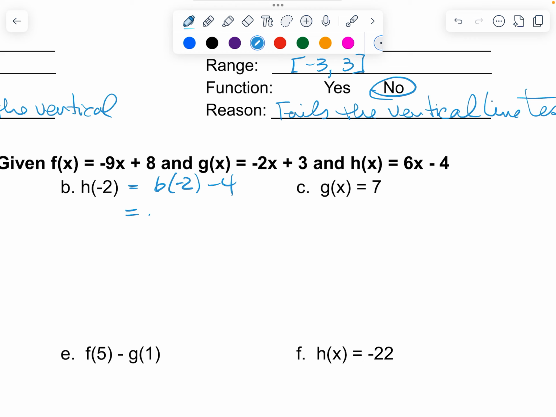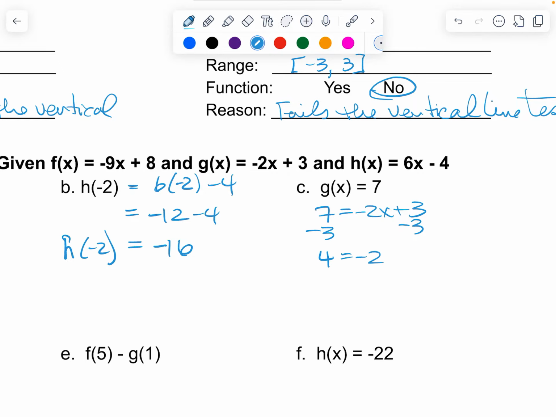Negative 12 minus 4 gets me h of -2 equals -16. G of x equals 7. So 7 equals -2x plus 3. Subtract 3, get 4 equals -2x. So x equals -2.